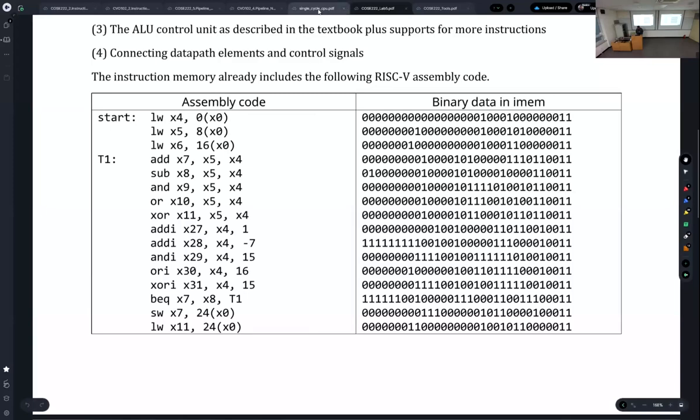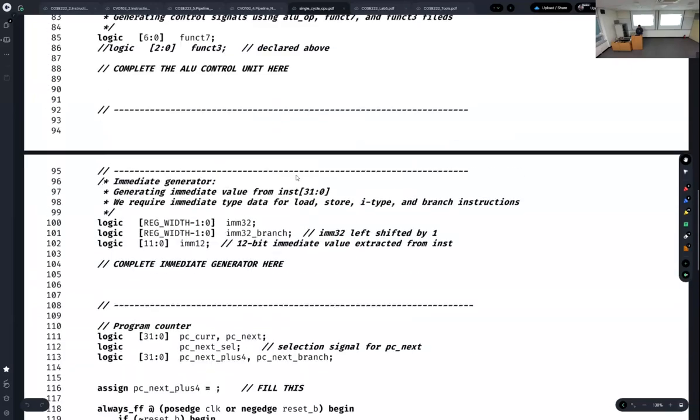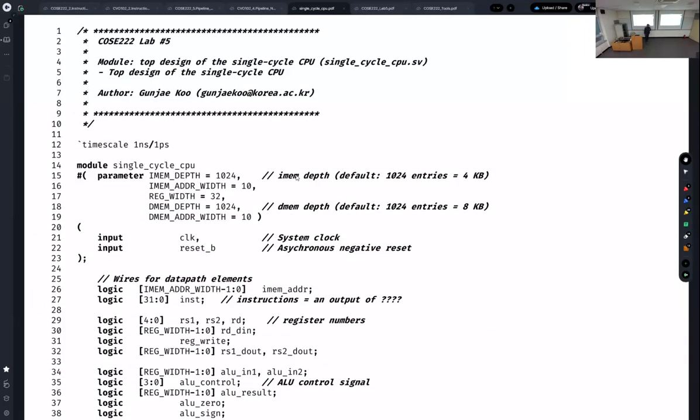So let's see the skeleton code. Like the other lab assignments, I provide the skeleton code of the single cycle RISC-V processor. You need to complete this module only.